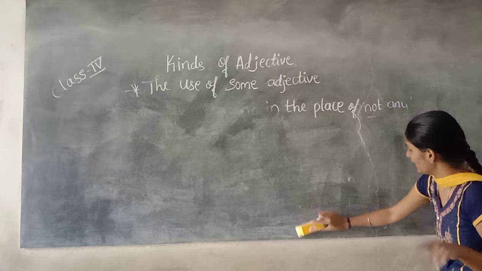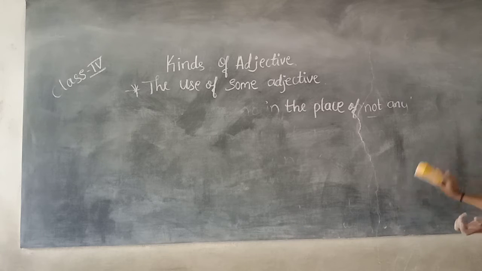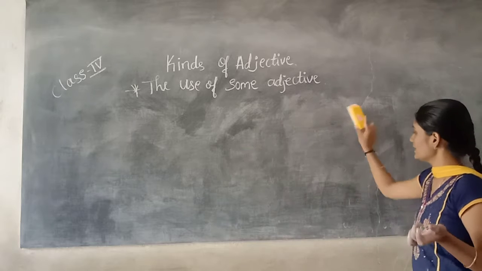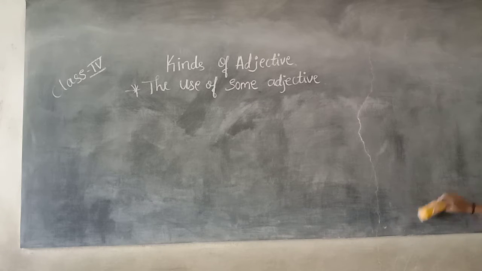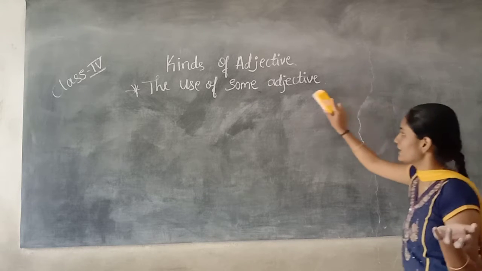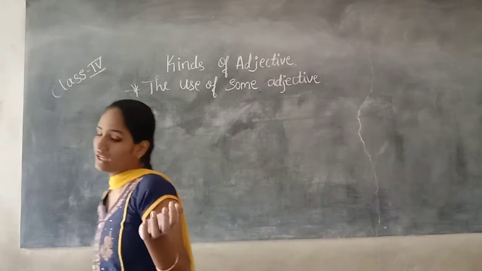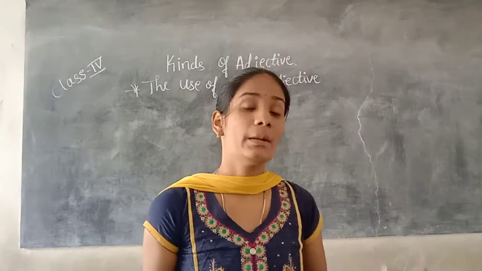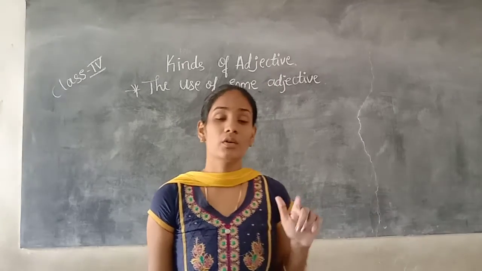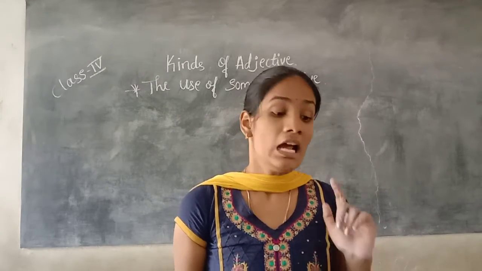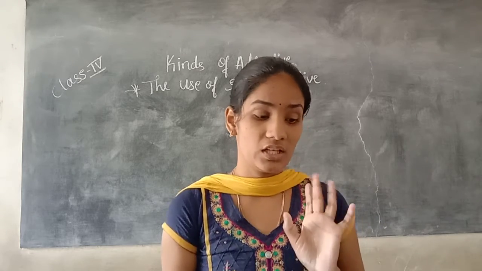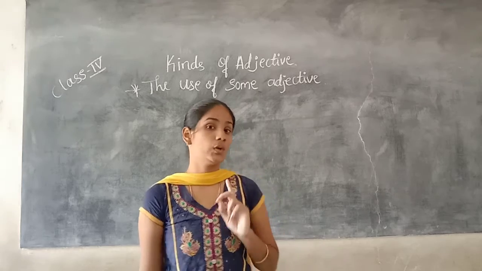So many and a few are also used with opposite meanings: many in the sense of more, and a few in the sense of less. So much and a little we use for uncountable nouns, and many and a few we use for countable nouns. They should be countable plural nouns.